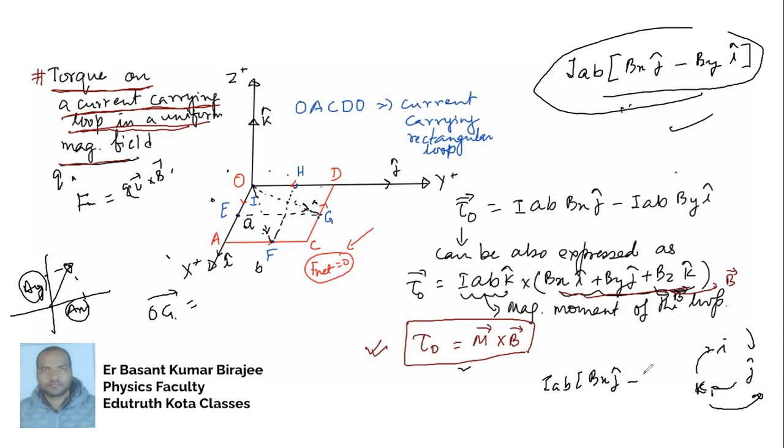So you have By and i. And if you take the cross product of this Bj k with this k, k cross k is 0 because the angle between them is 0 degrees. And when the angle between two vectors is 0 degrees, the cross product is 0.